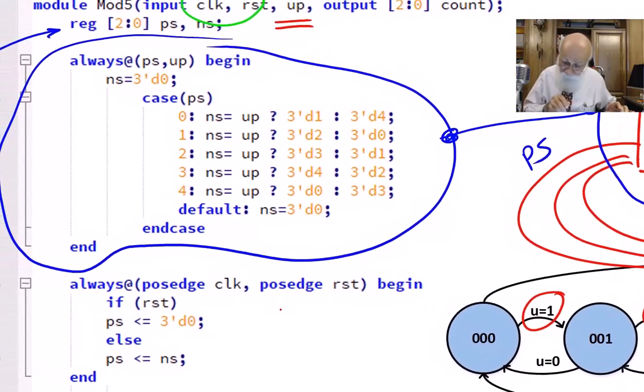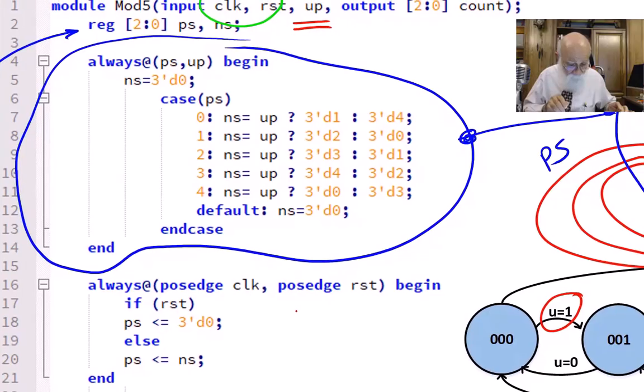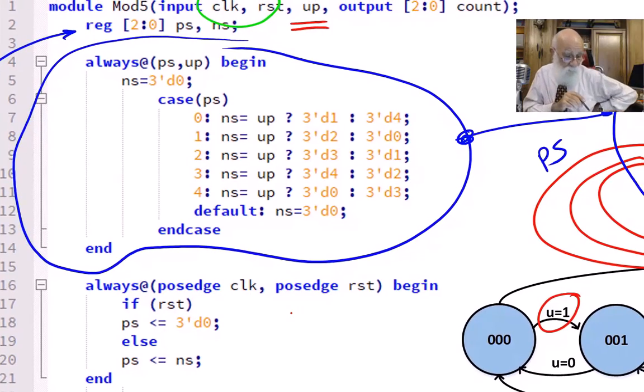What you are seeing on line 7 corresponds exactly to the two states I'm showing down below. When you are in 0, 0, 0, that means line 7 says case present state is 0. Your next state becomes 1 if up is 1, which I'm showing in blue here in the state.